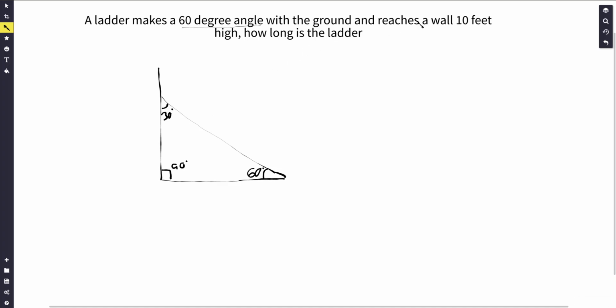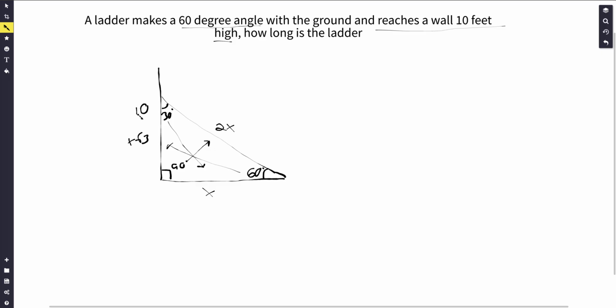And we're also told that the ladder reaches a wall 10 feet high. So we know this wall right here is 10 feet high. So let's go back to our components of a 30, 60, 90. We remember that 30 is the shortest because it's x, and then 90 is the longest, the hypotenuse, so it's 2x, and then 60 is right here, x root 3.